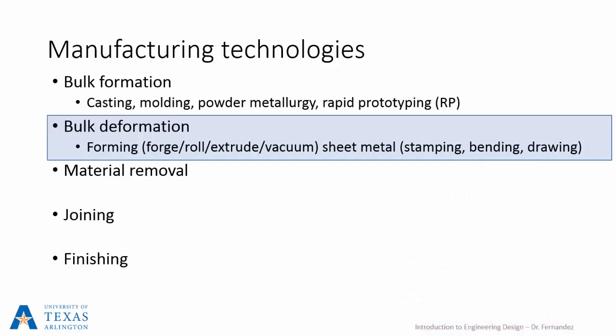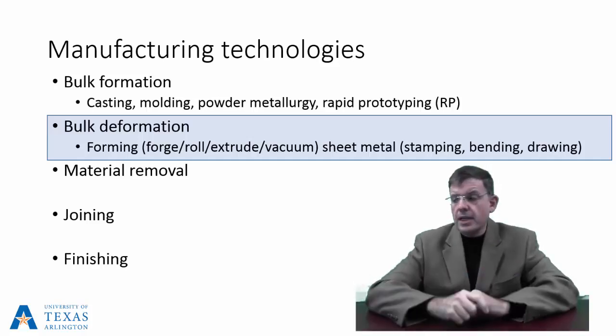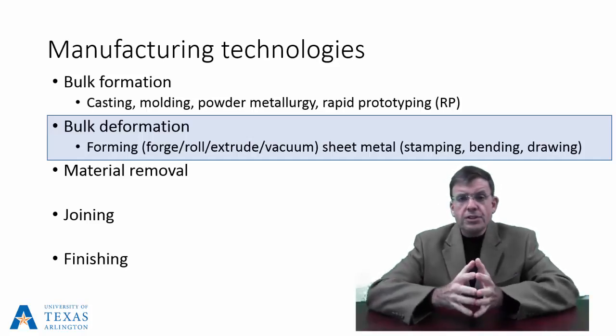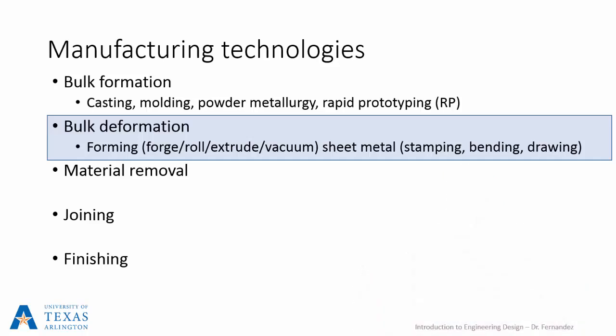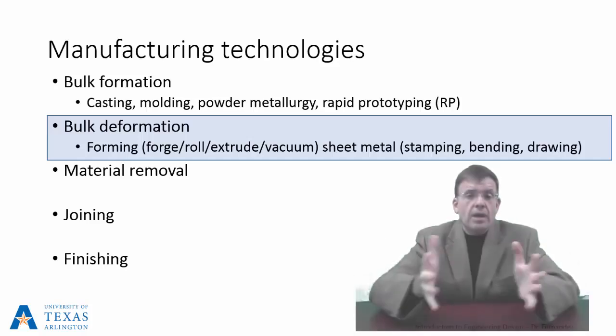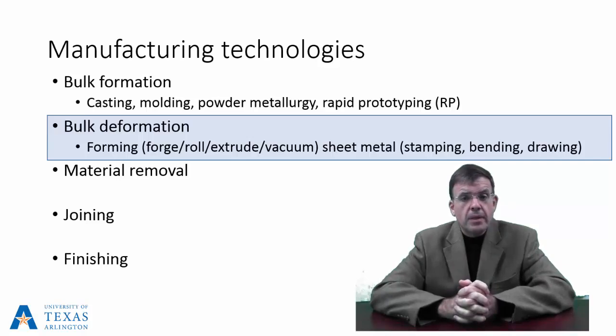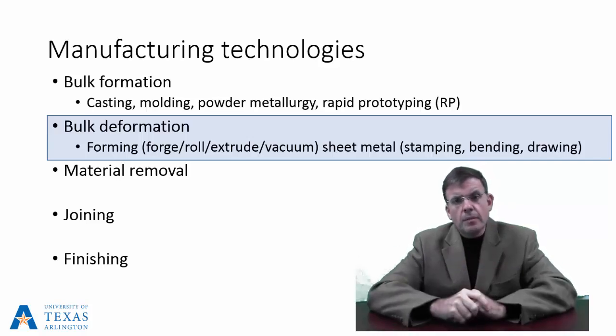I also have in there vacuum forming, and this is a process more specific to plastics, where we start with the plastic sheet and then we impress upon it some manner of shape. Okay. Now there's also sheet metal in this category. Sheet metal, of course, will start with a thin sheet of steel, for example, and we will do a series of operations on it in order to create parts that themselves can be three-dimensional. Three-dimensional, I mean, having a significant three-dimensional shape, but oftentimes they'll be planar.